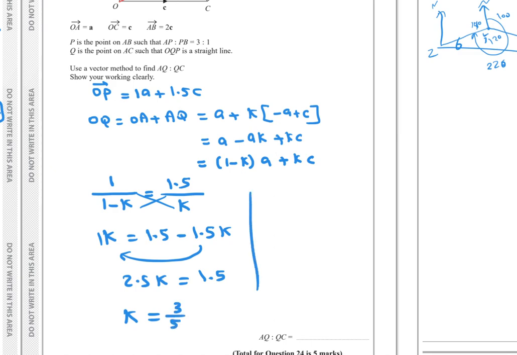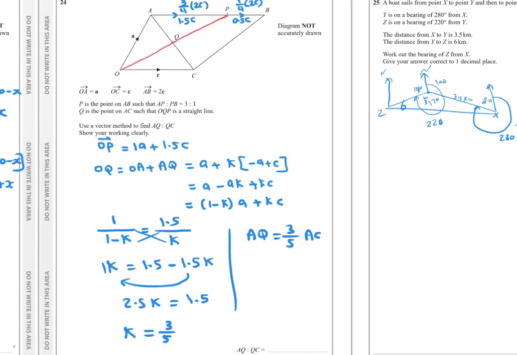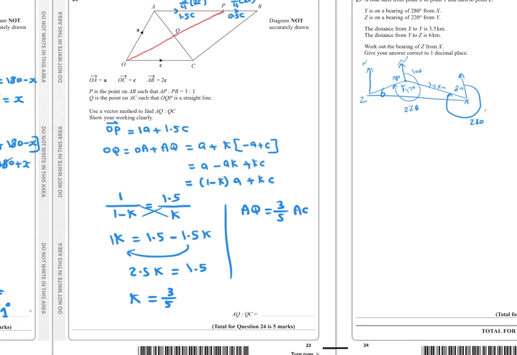Now you can deduce that AQ equals 3 over 5 AC. This means 3 parts and 5 parts, so QC equals 2. So the ratio between AQ to QC is 3 to 2.